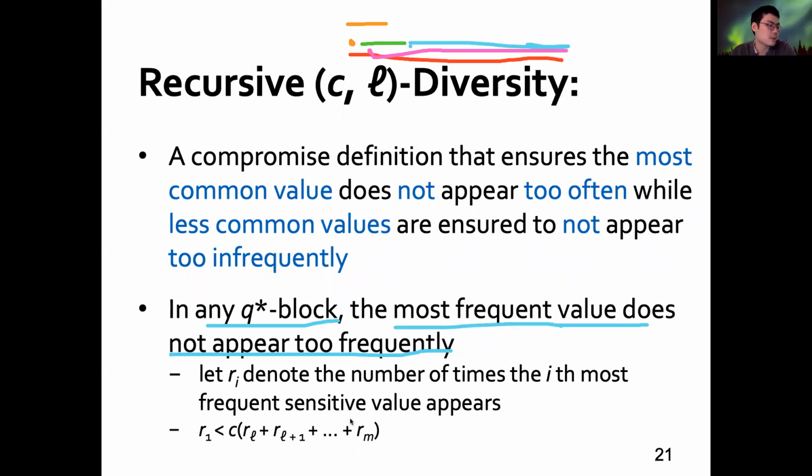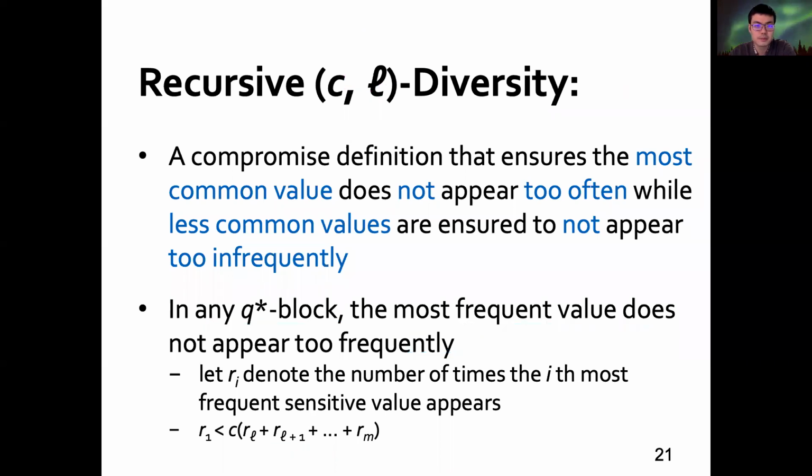We should have l different values other than flu. This is why we count from l afterwards. So we may have different values besides flu, which is a frequent value, and this is the most frequent.